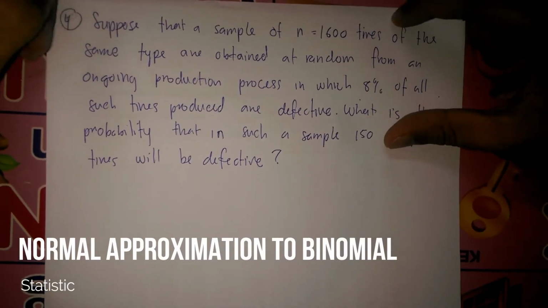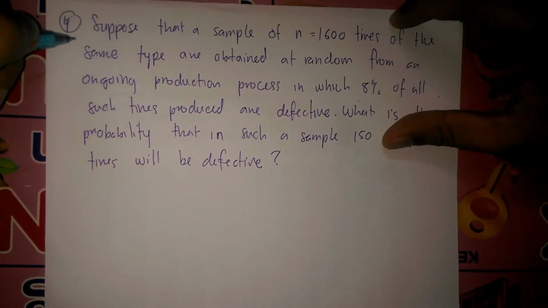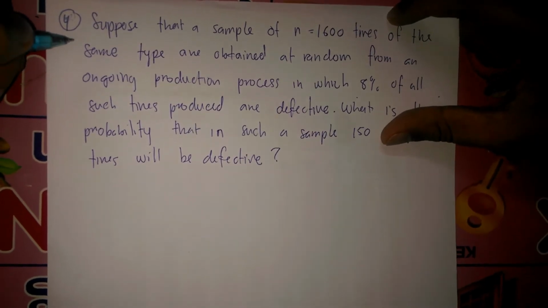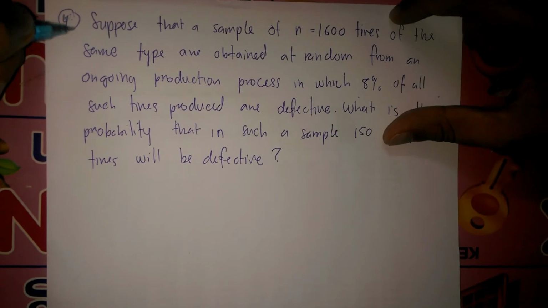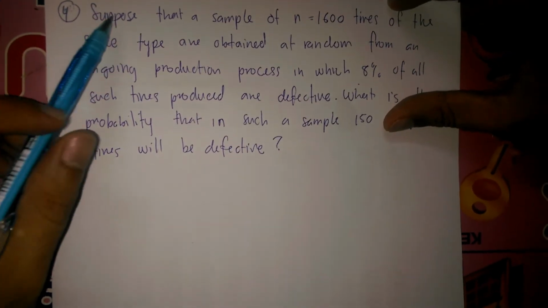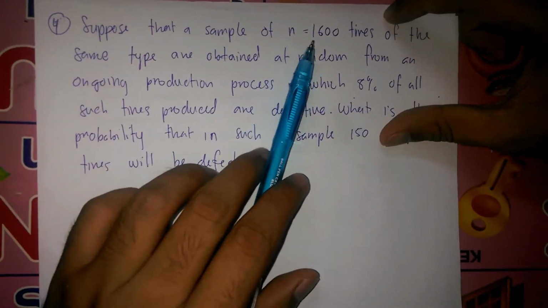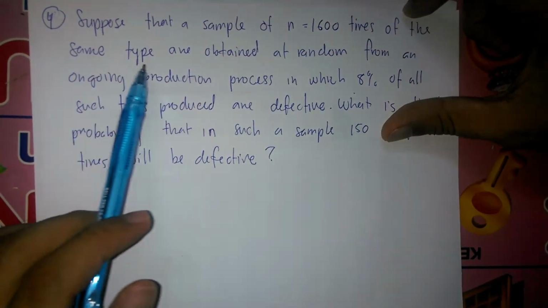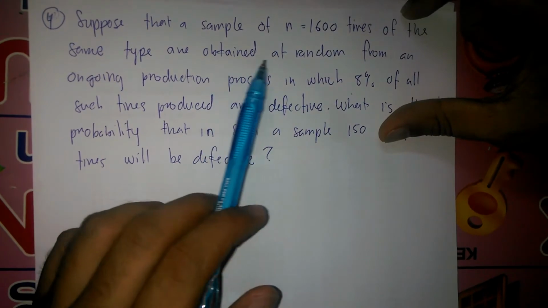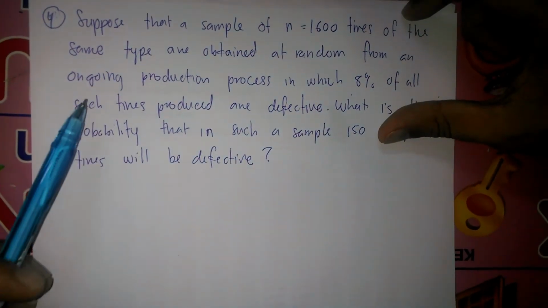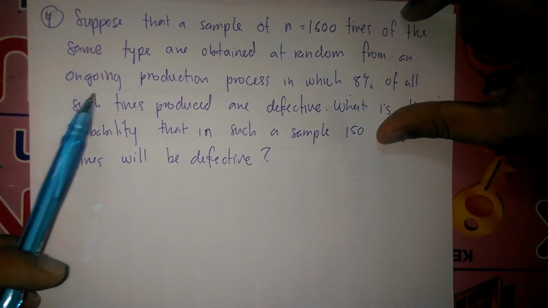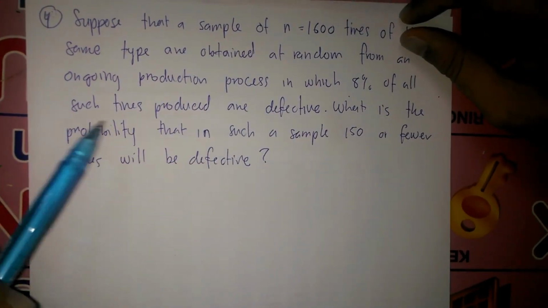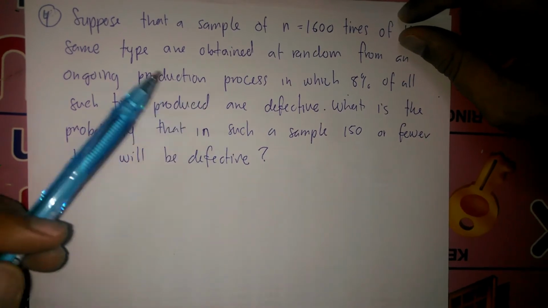This example is for the subtopic normal distribution approximation to the binomial distribution. The question is, suppose that a sample of n equals 1600 tires of the same type are obtained at random from an ongoing production process in which 80% of all such tires produced are defective.